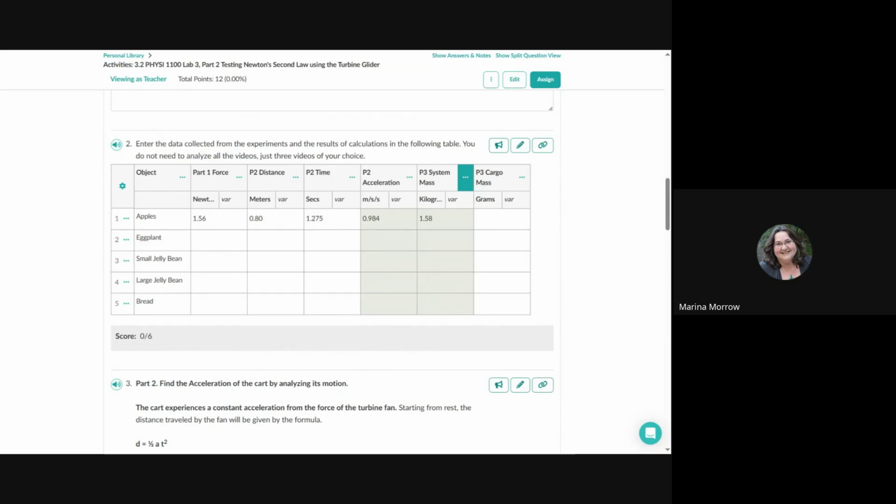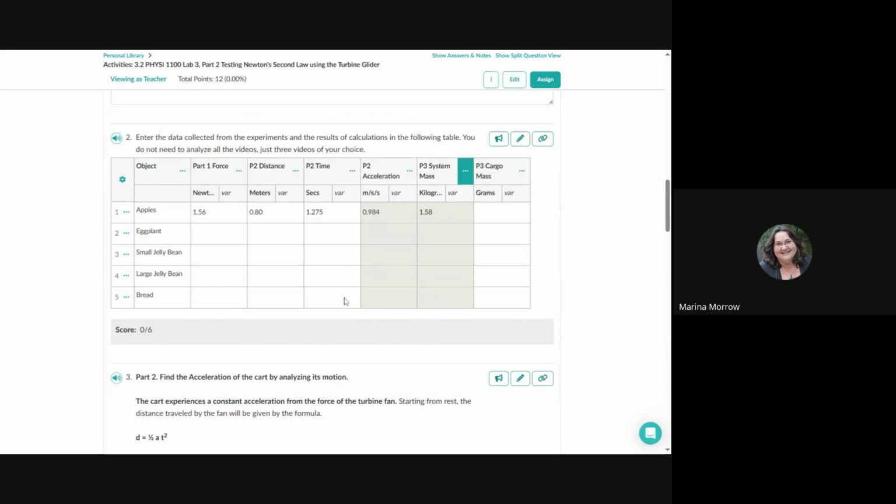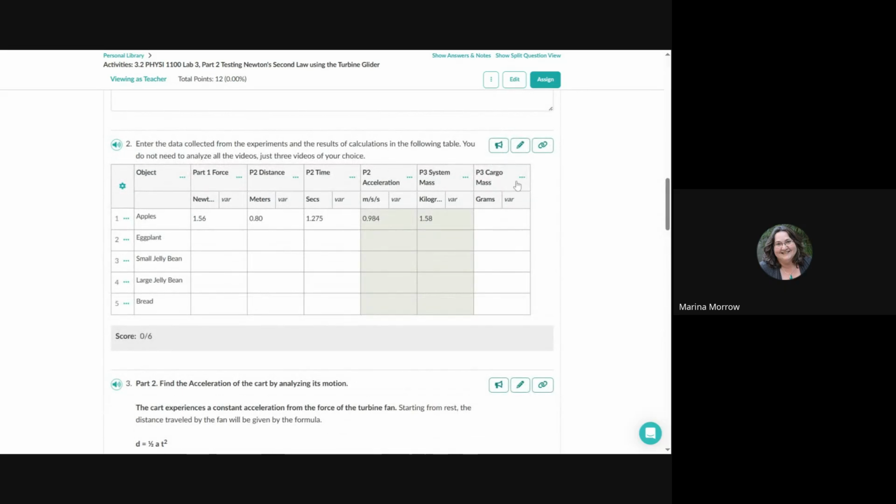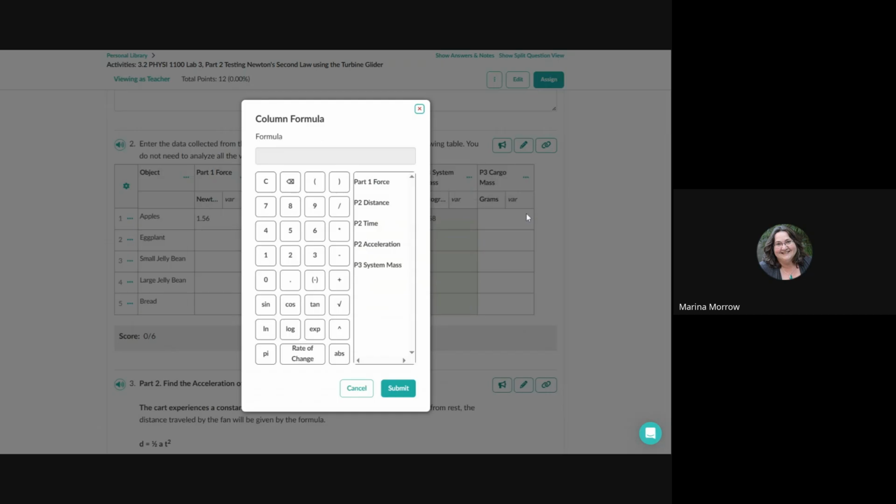So this is 1.58 kilograms. So you can subtract off the 1 kilogram that belongs to the gliders, and what's left is going to be your cargo. So you can even put that in as a formula. Just take your system mass and subtract 1.